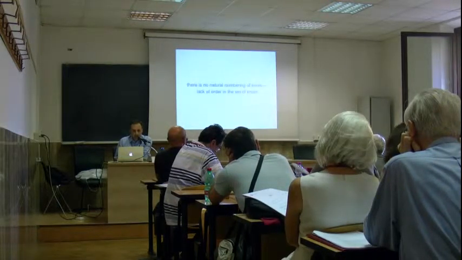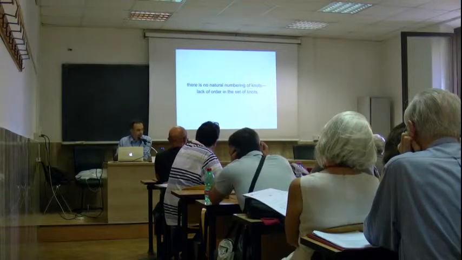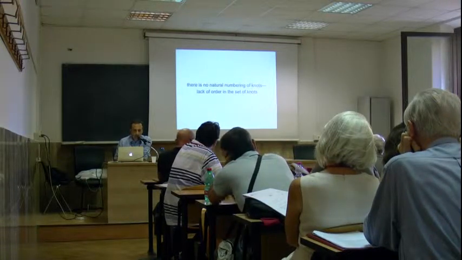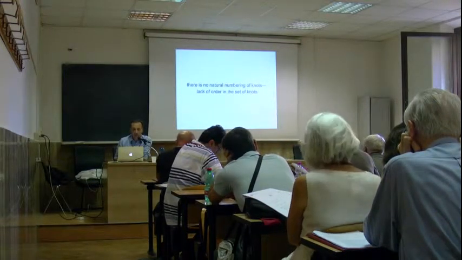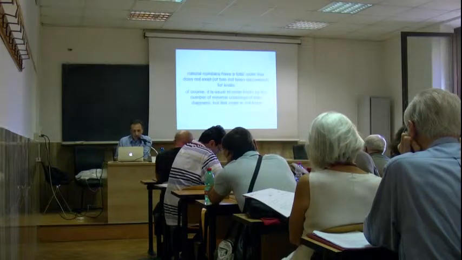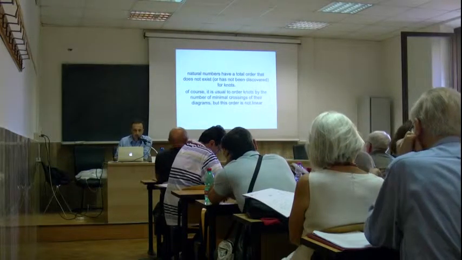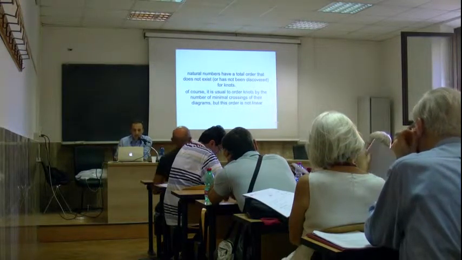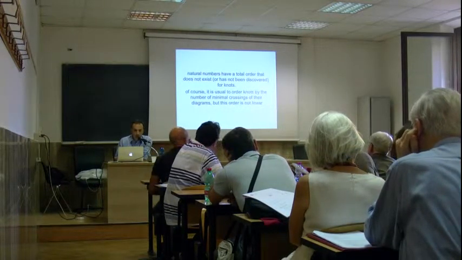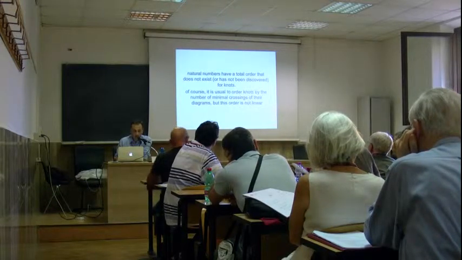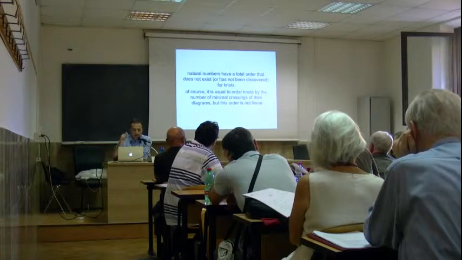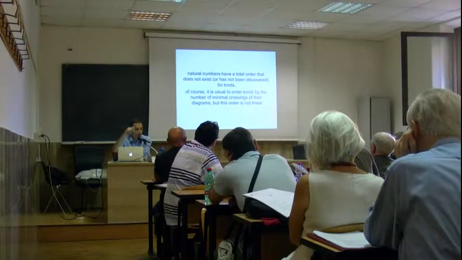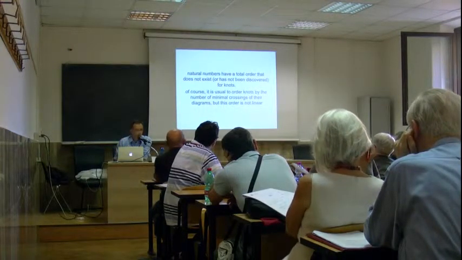That means that there is no natural numbering of knots, because there is a lack of order in the set of knots. Why? Because natural numbers have a total order that does not exist, or at least has not been discovered, for knots. Of course, it's common to order knots by the number of minimal crossings on the diagrams, but its order is not linear.